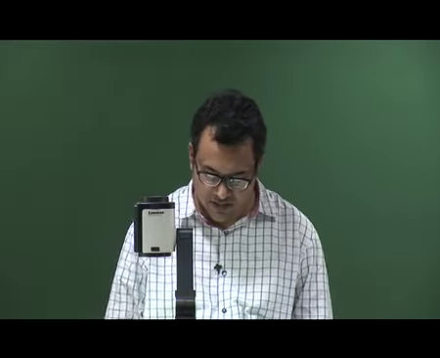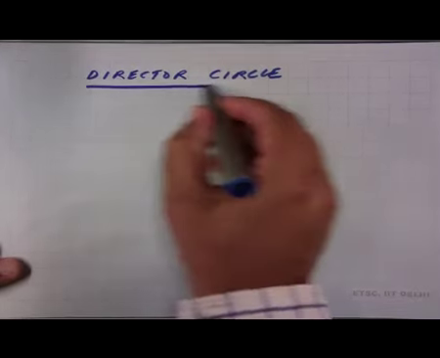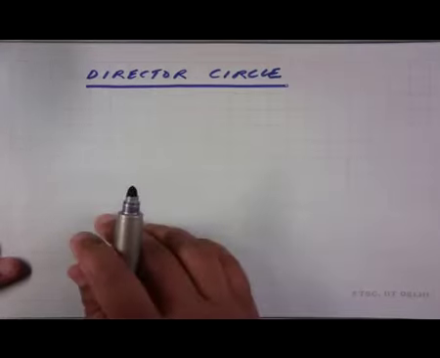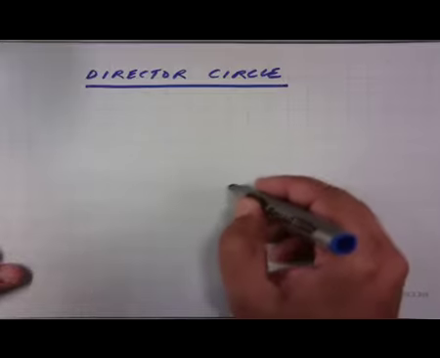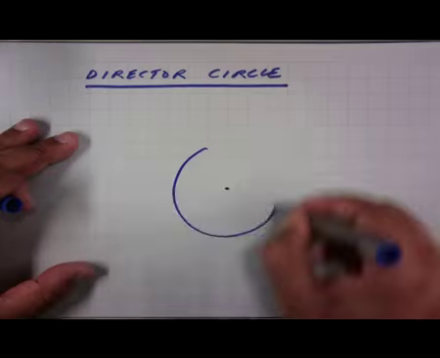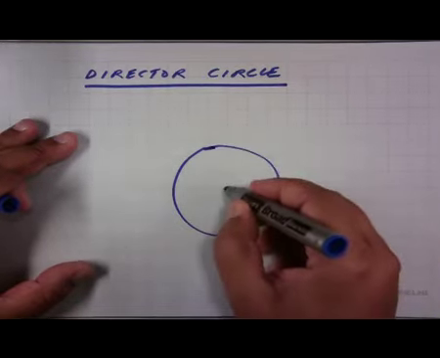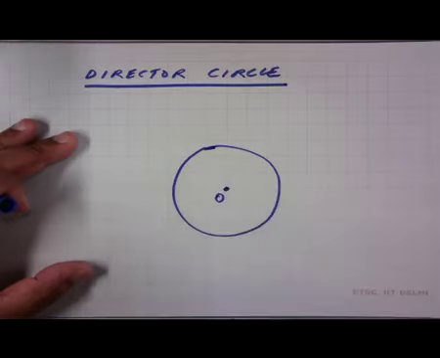This is regarding the definition of something which is known as the director circle to a given circle. So, suppose that we have a circle with some center here at O and some radius.